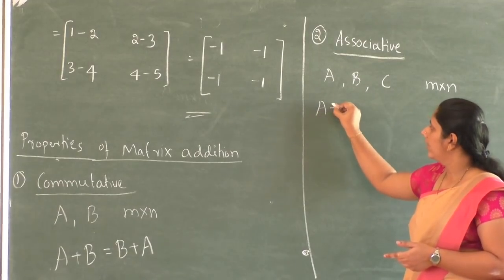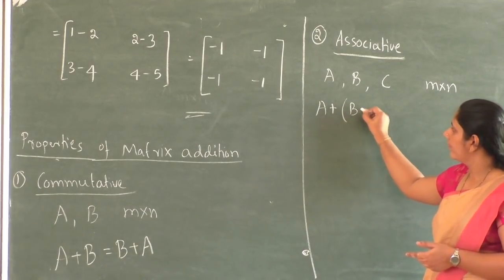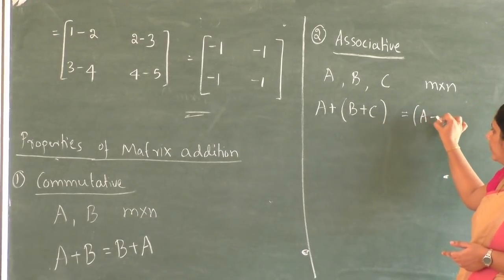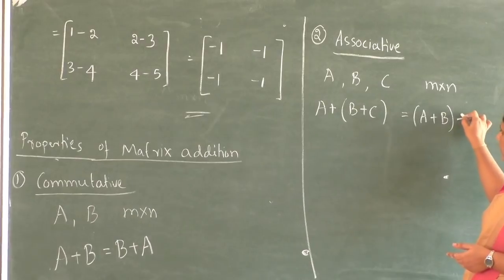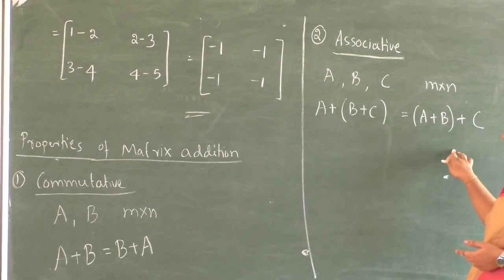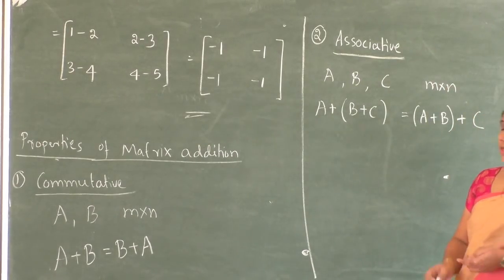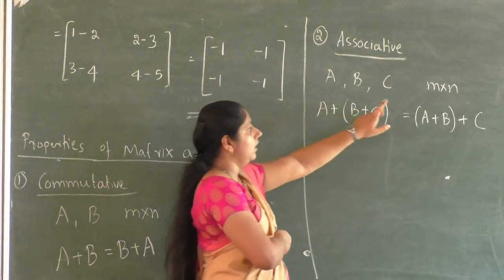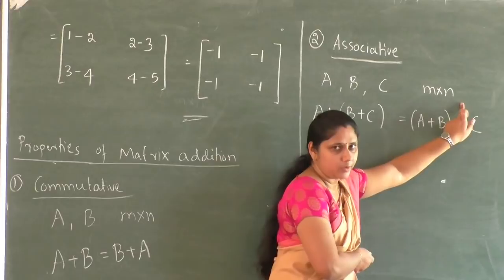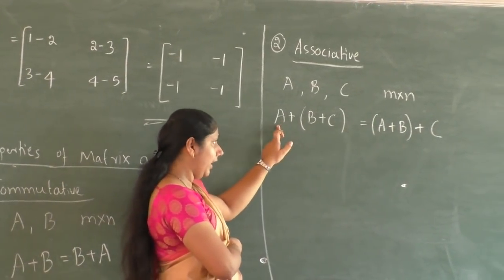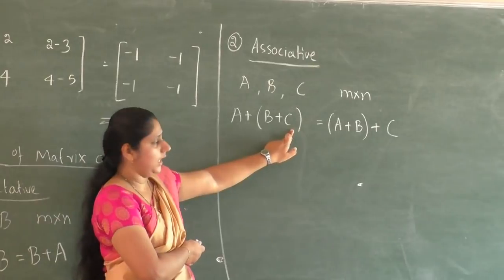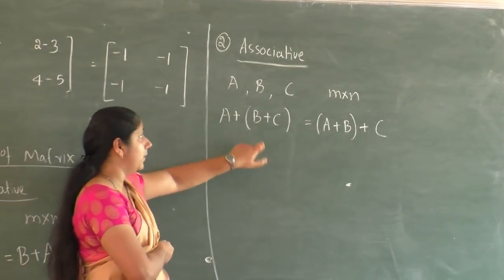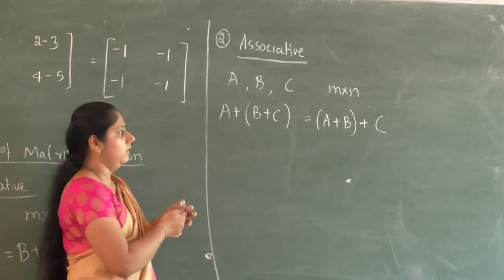We have A plus (B plus C) is equal to (A plus B) plus C. So this property is called the associative law. For any three matrices A, B, C of same order n cross n, we have A plus (B plus C) equal to (A plus B) plus C. So this property is called the associative law.